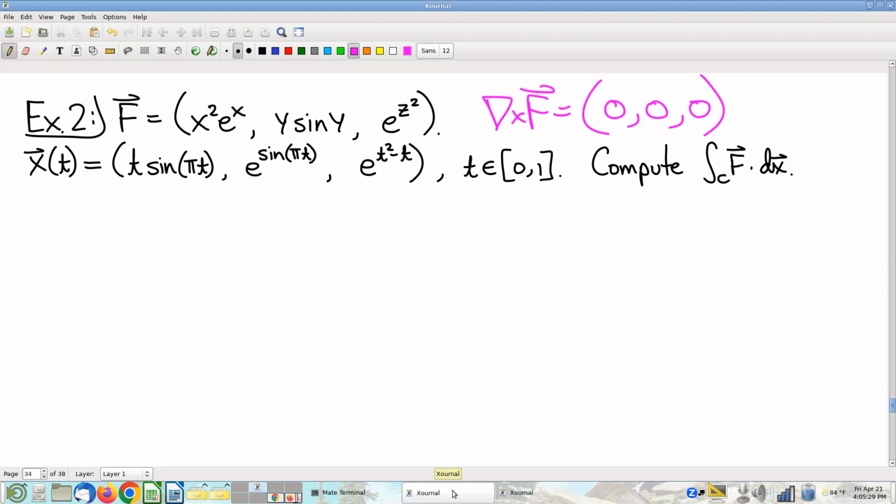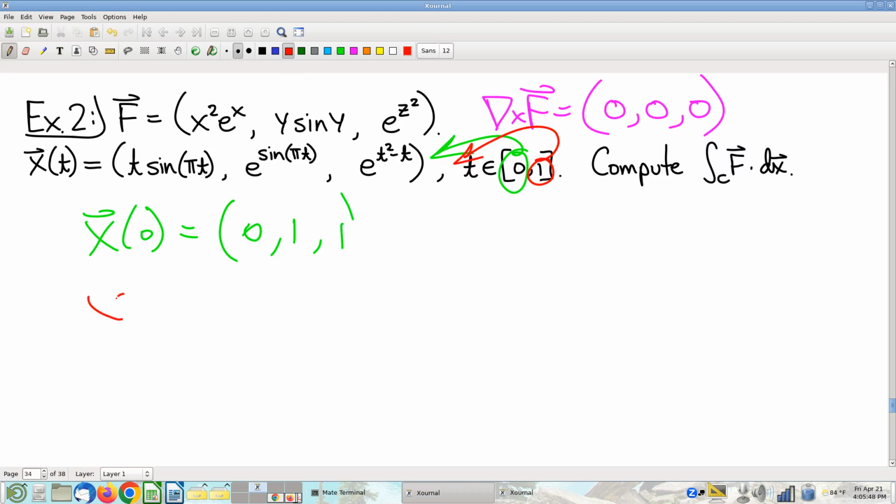Okay, so I've got to look. Fine. We'll plug in t equals 0, and x of 0 is (0, 1, 1). Then I plug in t equals 1, and x of 1 is (0, 1, 1).